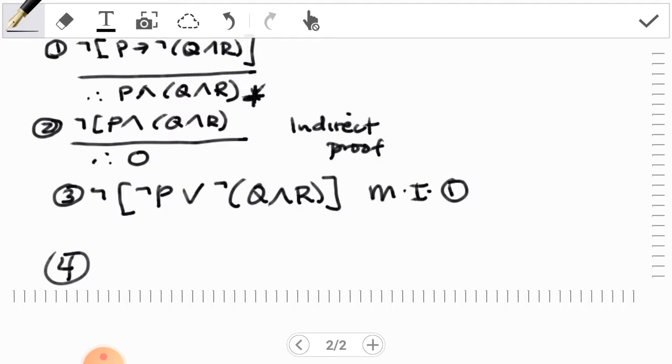Remember, we want to come up with a contradiction. Look at this. We can use De Morgan's law in premise number 3 because it's preceded by a negation here.